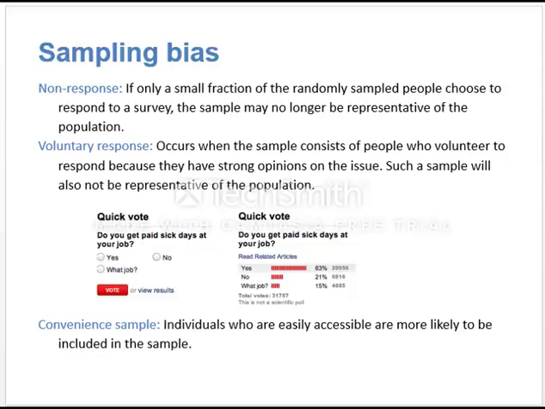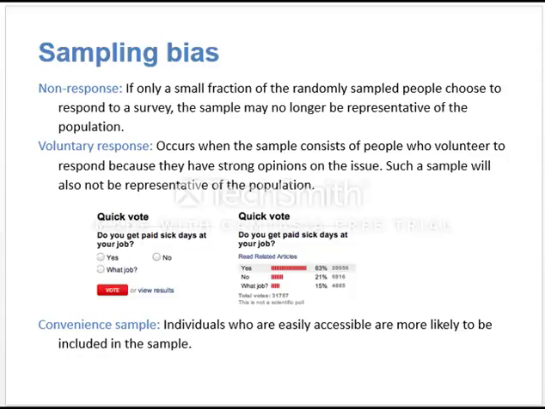Now, when you actually do data collection, there are 3 types of sampling bias you're going to need to know about on this certification exam. There's the non-response bias, when only a tiny fraction of people choose to respond, and that tiny fraction tends to not be representative of the population. A tiny fraction of people, by the way, can respond, and if they're representative, that's often okay.